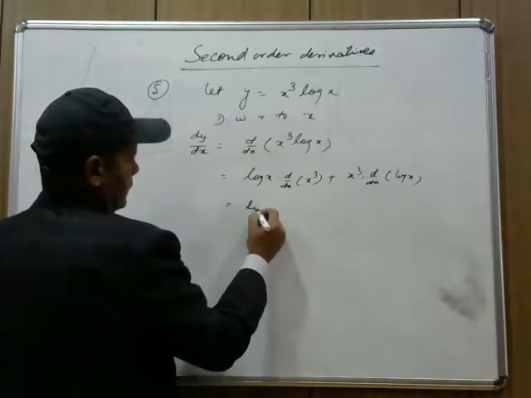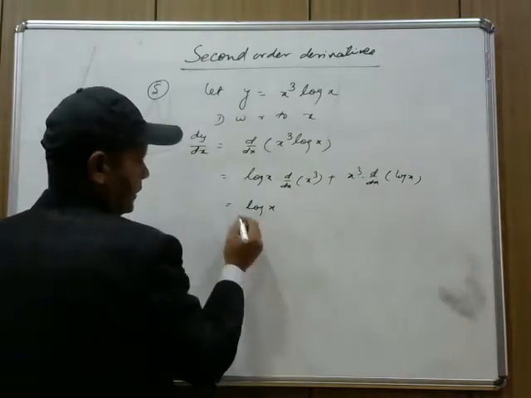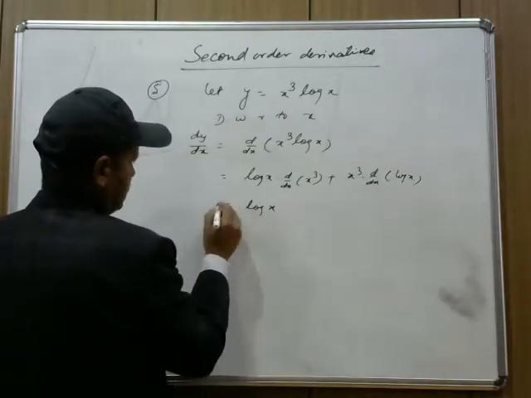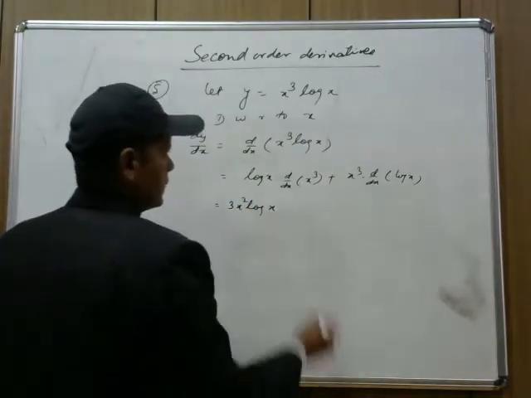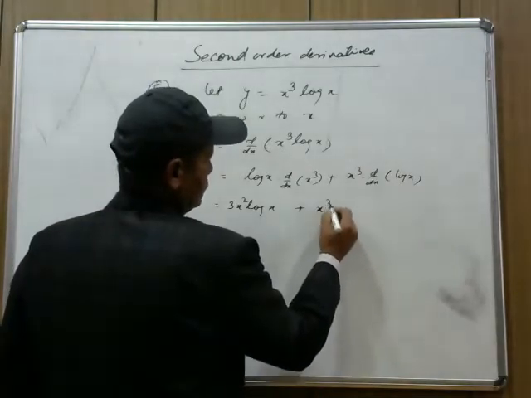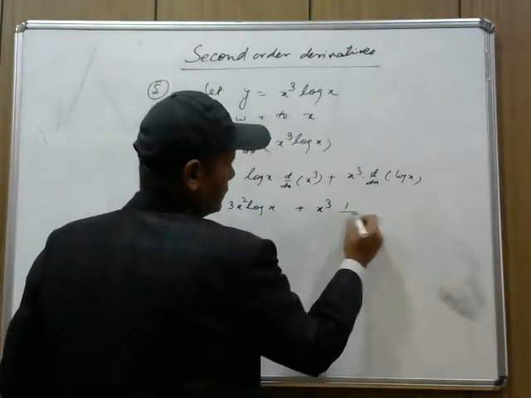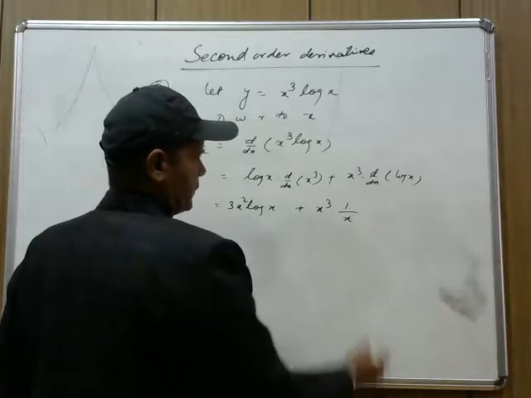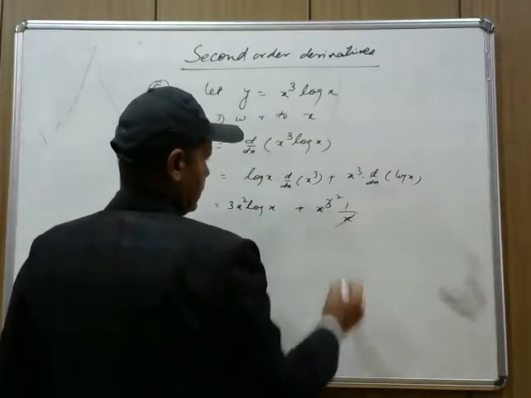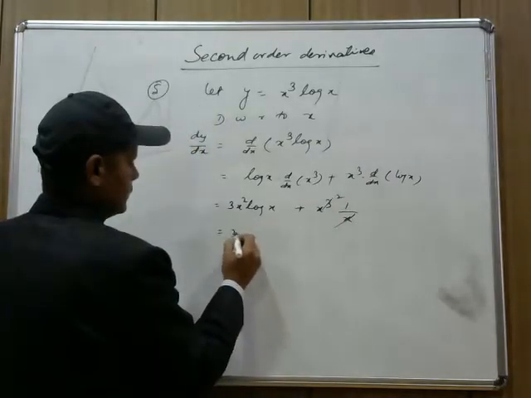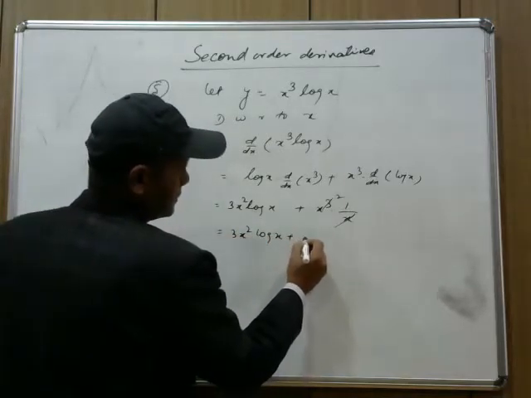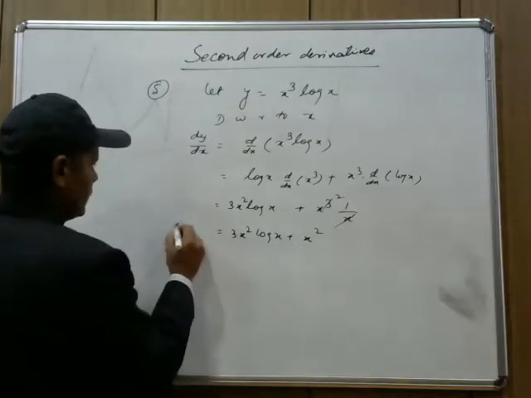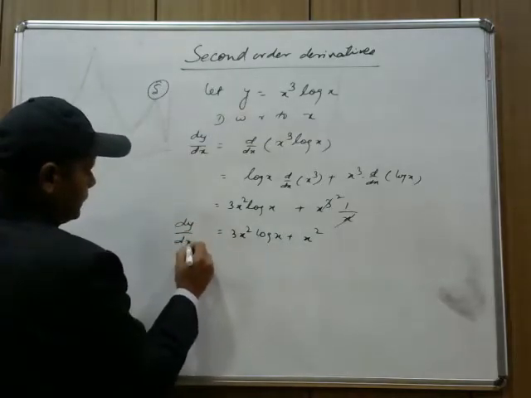This will give you log x into 3x square. So I will write this 3x square here only. 3x square into log x plus x cube into differential of log x, which is 1 by x. x cancels with x cube, therefore we get here 3x square log x plus x square as the value of dy by dx.